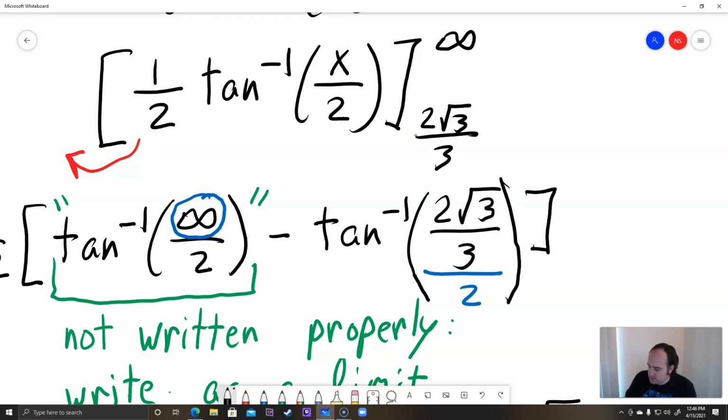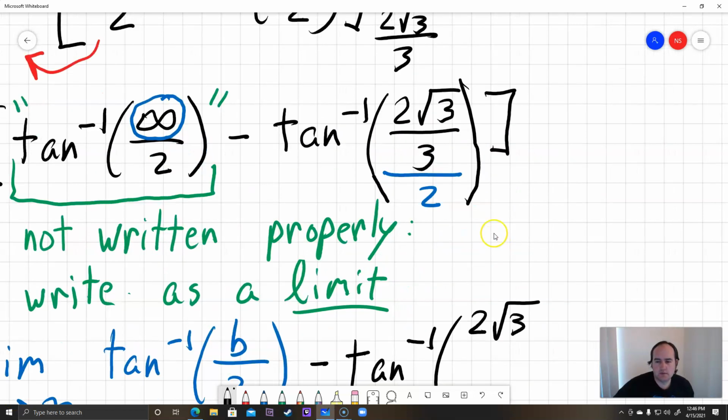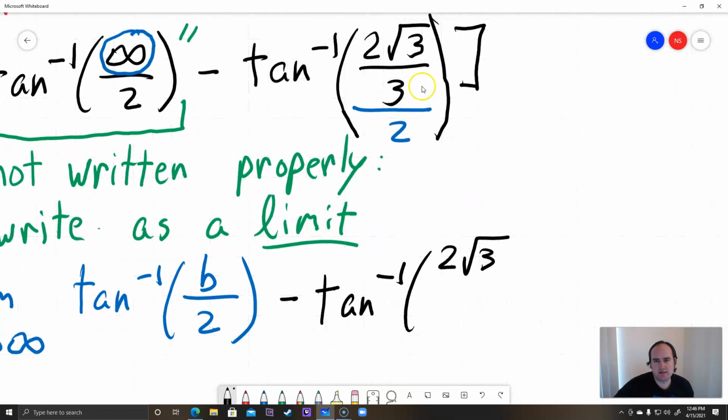So in other words, something's going to cancel out. This is going to be 2 root 3 over 3 times the reciprocal of 2, which is the reciprocal of 2 over 1. So that's going to be times 1/2.